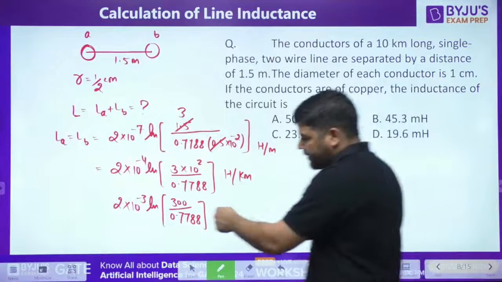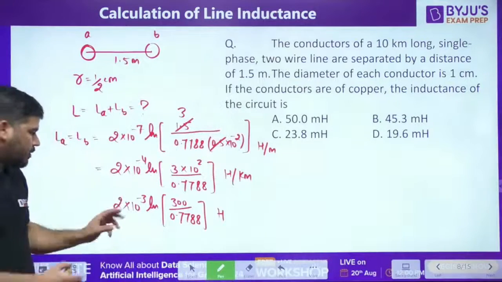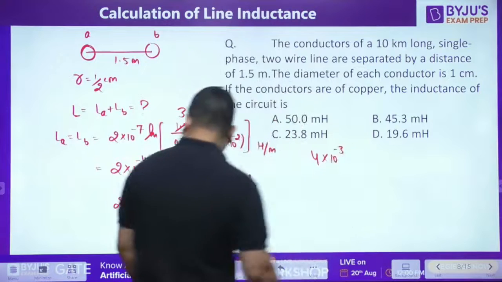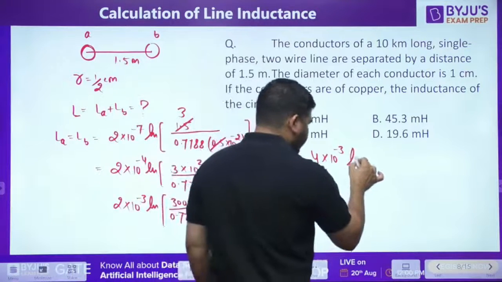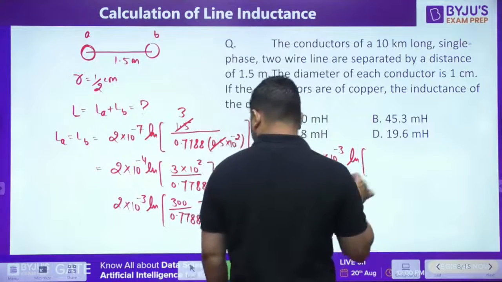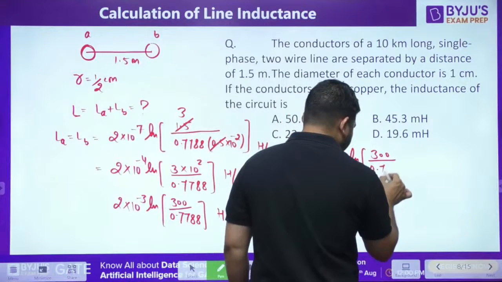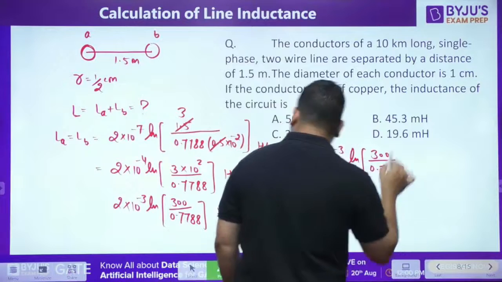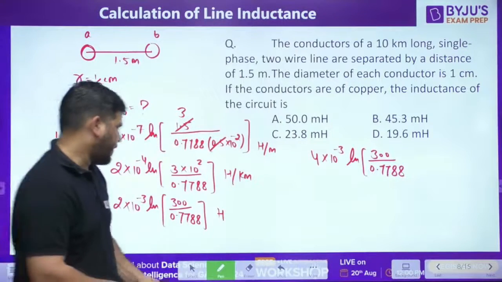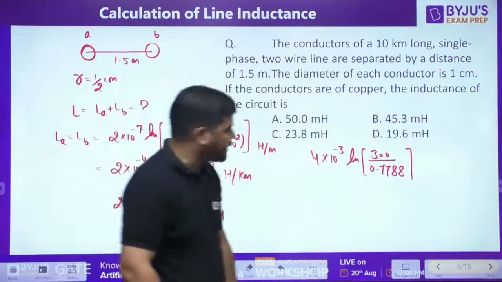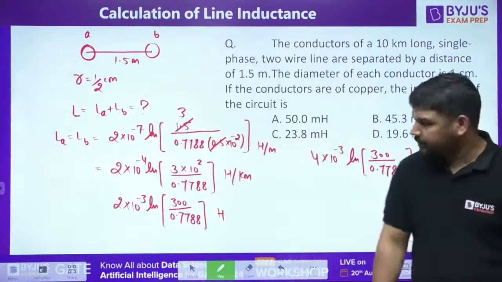If you multiply it with 2, you will get 4 into 10 to the power minus 3 ln 300 divided by 0.7788. Is it clear, everyone? Okay, so you can calculate this value and tell me the correct answer. What is the correct answer, everyone?